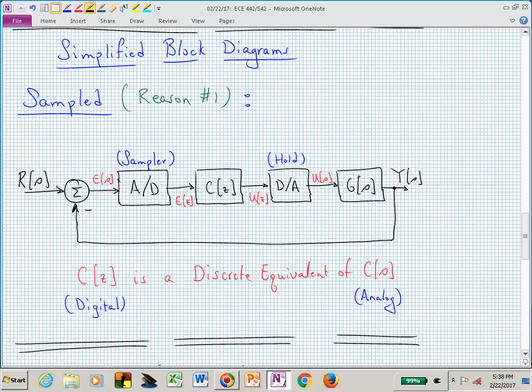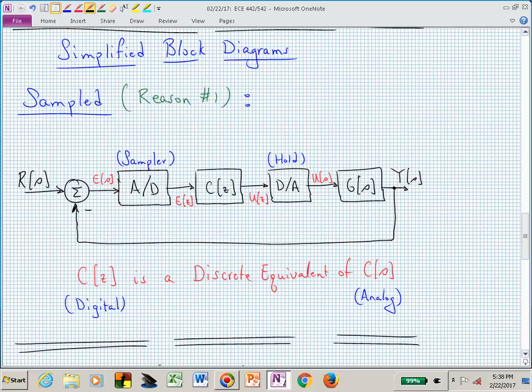That's okay. But now what we want to do is create a C of Z so that you could actually put a microcontroller or a computer in the system block diagram to actually control this system.